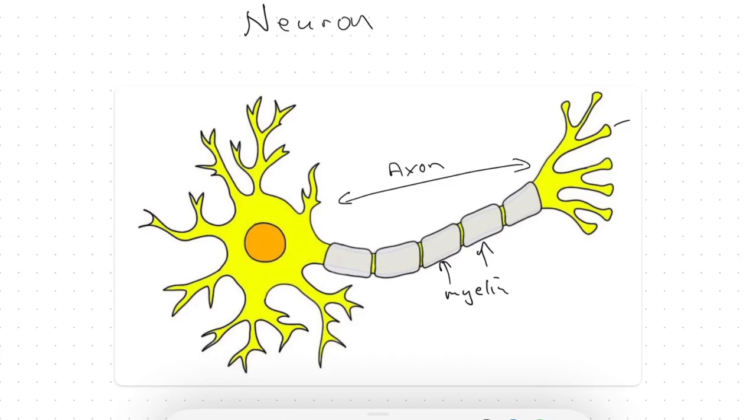Now, these little ends sticking out here are called the synapses. These little sticky out parts at this end are called dendrites. So the dendrite of one neuron can connect at the synapse to the axon of another neuron.